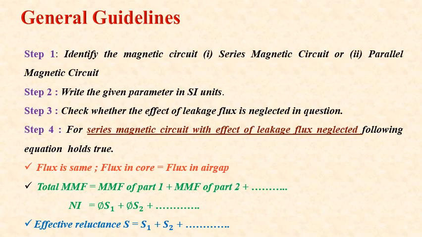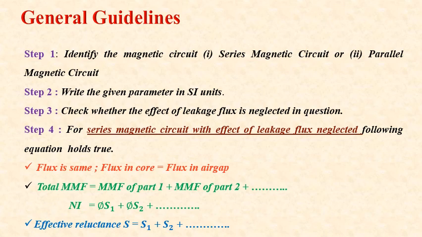Total MMF, that is Ni, where N is the number of turns and I is the current through the coil, will be equal to phi S1 plus phi S2 plus etc., where phi is your flux and S1, S2, etc. are the reluctance of each part.